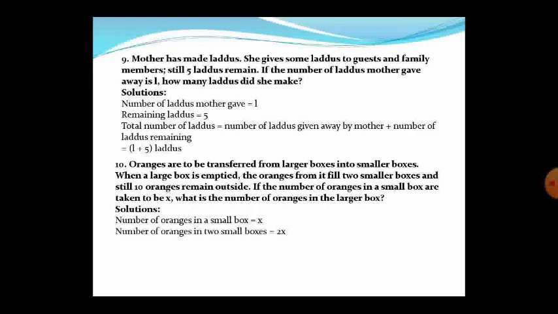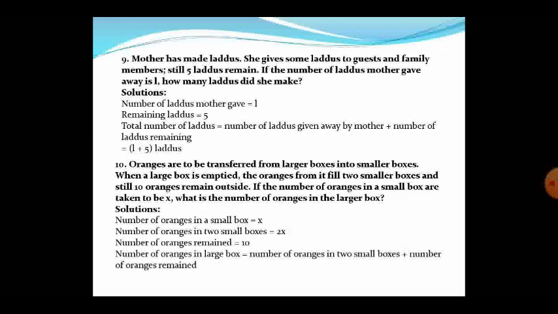How many small boxes are there? Two small boxes are there, so you can take 2x. Now the remaining oranges is how much? After keeping all the oranges in small boxes, 10 oranges are remaining. Now the number of oranges in the large box means the number of oranges in two small boxes plus the number of oranges remaining. So that is 2x plus 10.